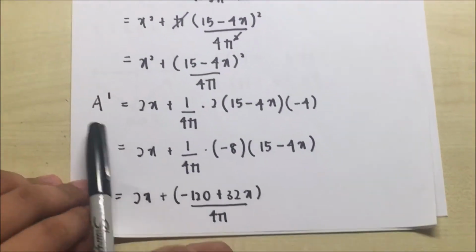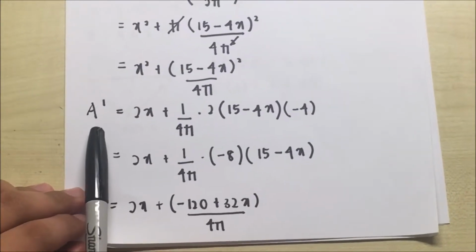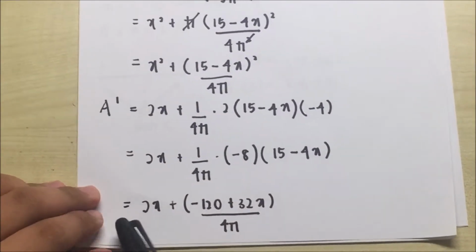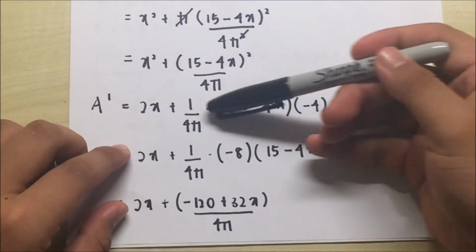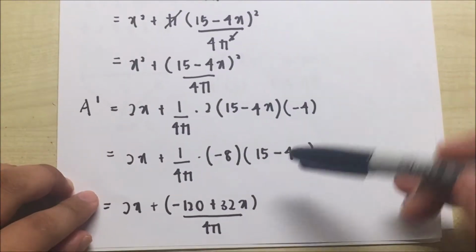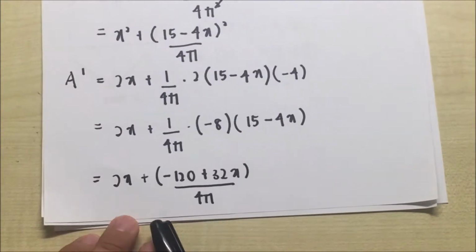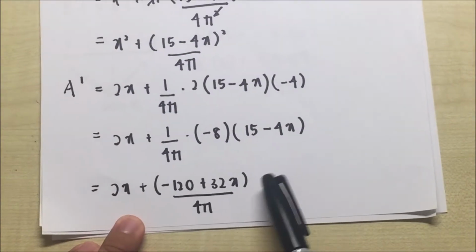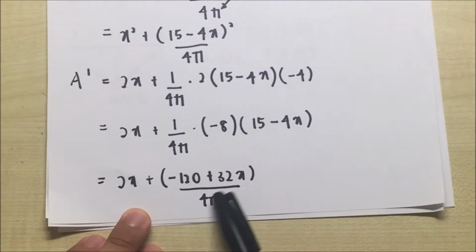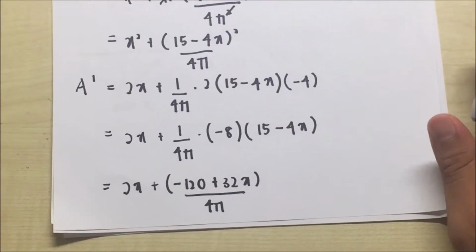The next step is we find the first derivative of the equation above. We differentiate each of the terms, and then we get our final derivative equation: 2x plus in bracket minus 1 to 0 plus 32x over 4 pi.